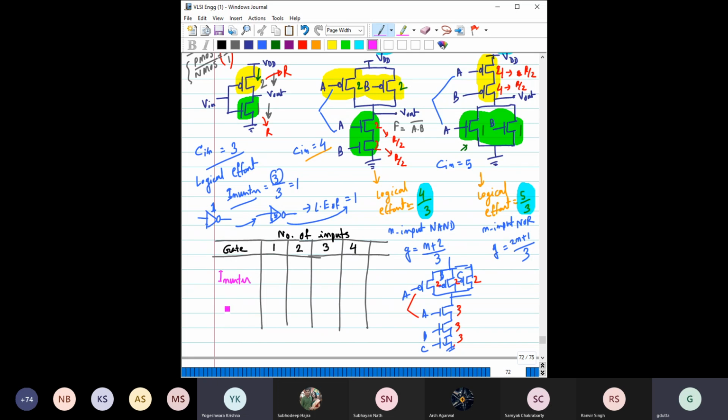Right, okay. So let us fill this table here so that we can look into it again and again and complete our design part. For the inverter, the logical effort is 1, since it can have only one input.